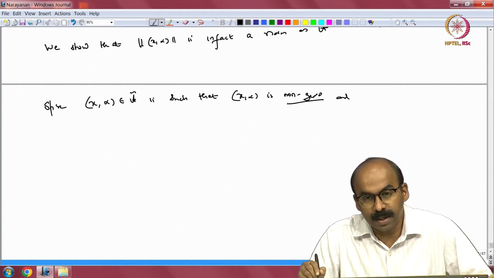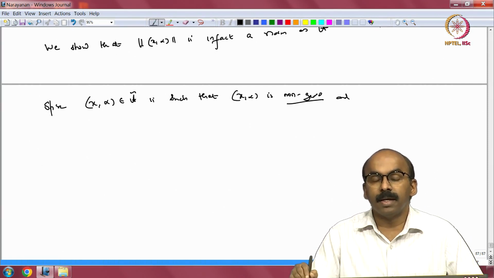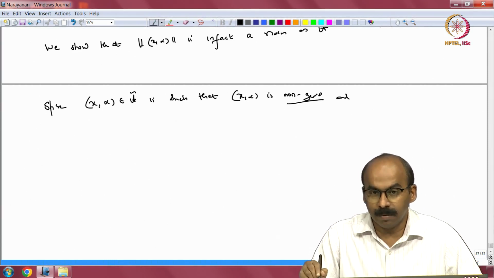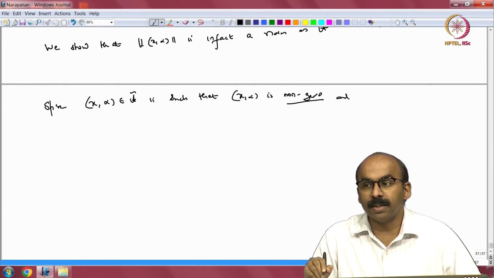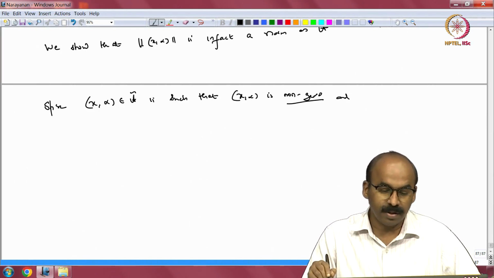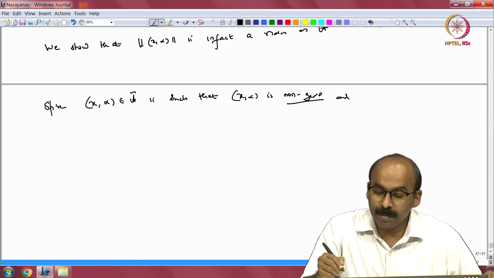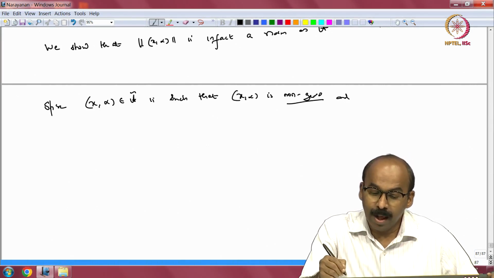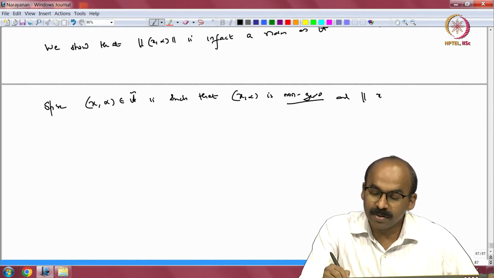Triangle inequality is satisfied. If I multiply by a scalar, it comes out, because this is defined as the operator norm. We also have the Banach algebra property. What we need to show is, if the norm of x alpha is 0, then x alpha is 0. Okay. So, suppose I take some x alpha which is non-zero and norm of x alpha is 0. So, I need to get a contradiction.